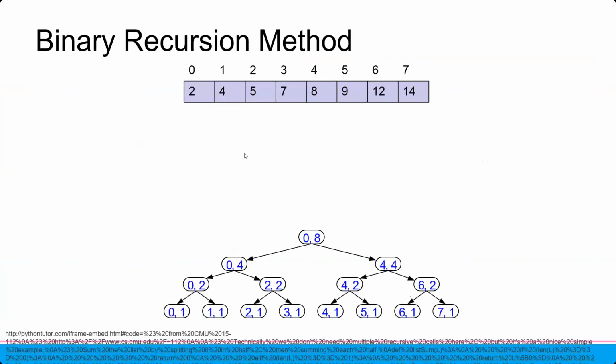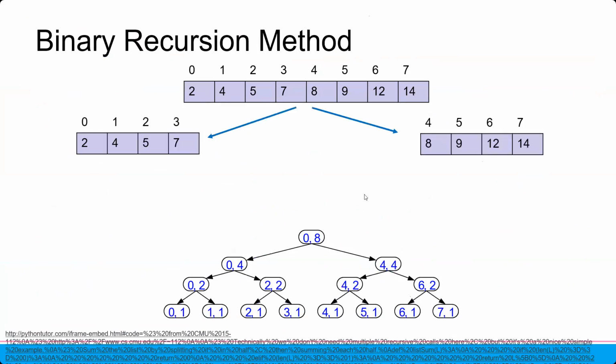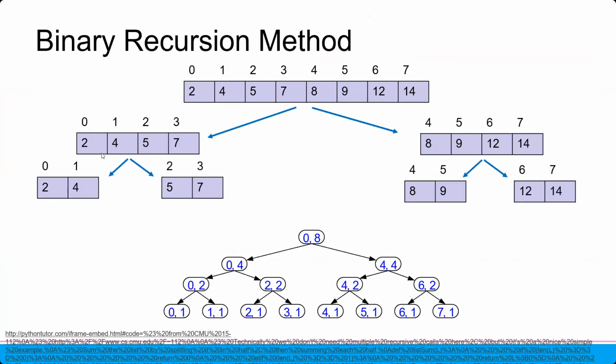Let's say I have 2 and 4, and then 5, and 7.